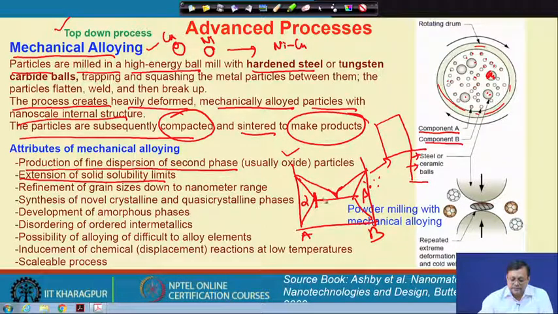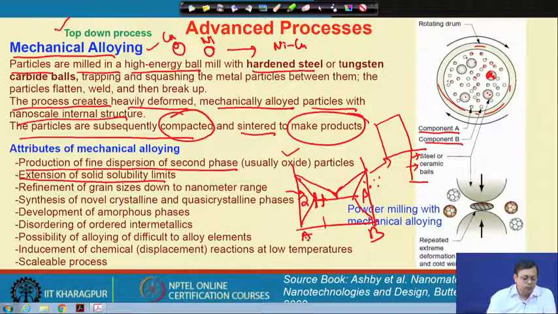So, the extension of solid solubility can be done. I can produce the same alpha phase, which becomes more B rich than A, beyond the conventional equilibrium process. That is possible. We will discuss the thermodynamics of it later on.